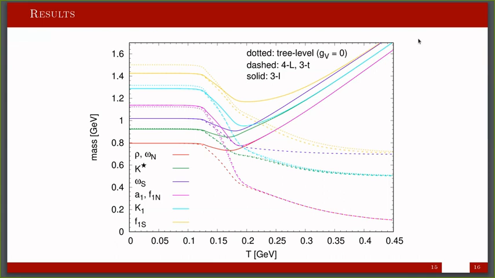Maybe I can add something. We haven't investigated it, but another thing which can be investigated is what happens with the decays, for instance, because maybe we can also calculate the decays. What happens if they get broader? Maybe that can give a better signal, closer to the experiment.